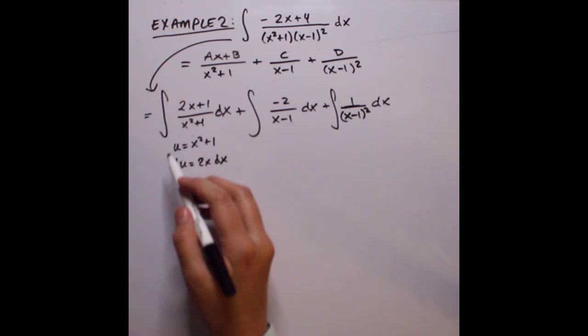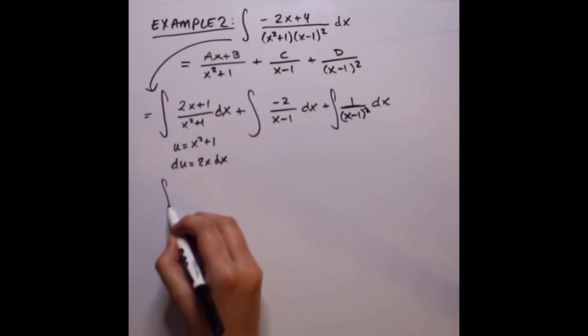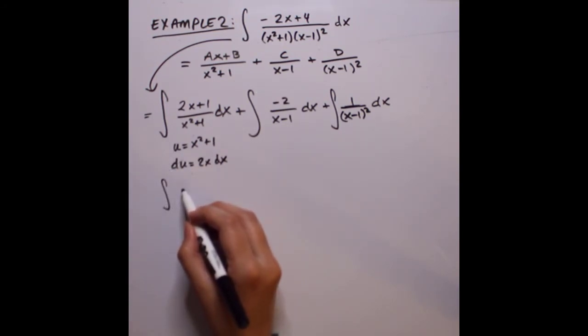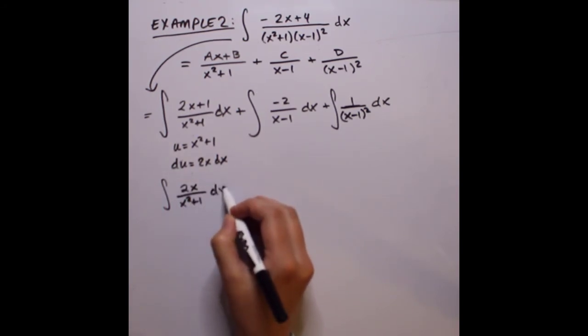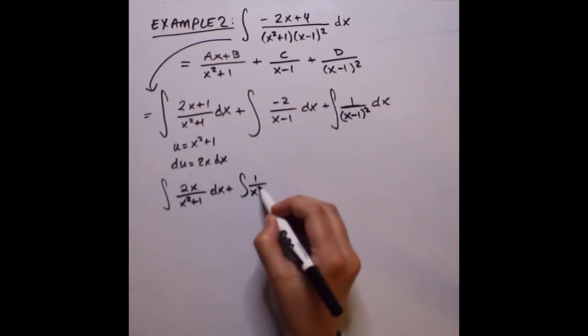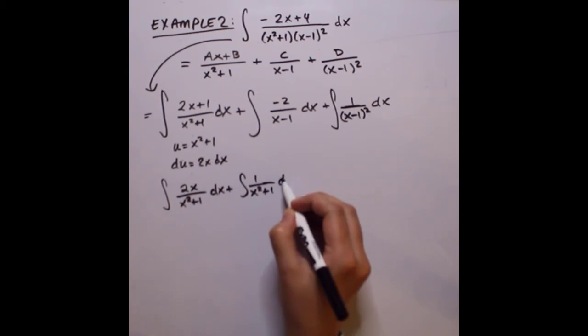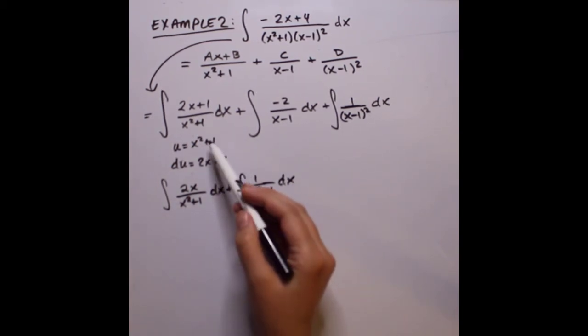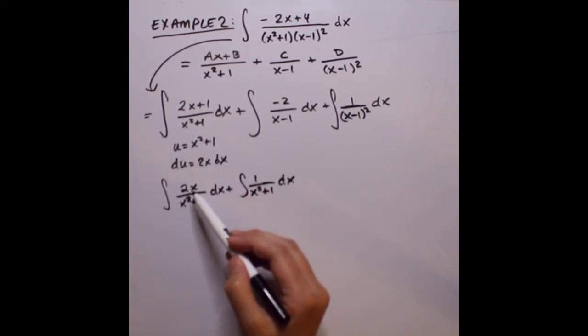So let me work this one out. So this first integral, let's separate it first actually, so you see what's happening. This is the same as the integral of 2x over x squared plus 1 dx plus the integral of 1 over x squared plus 1 dx. And so the u substitution can be used for the first part.